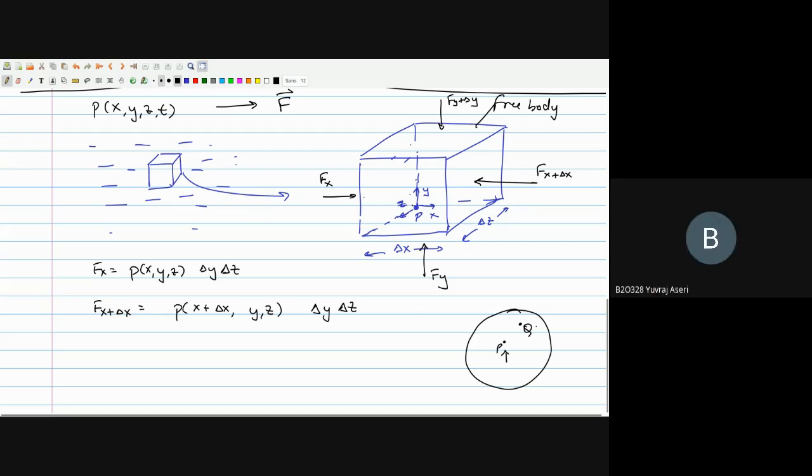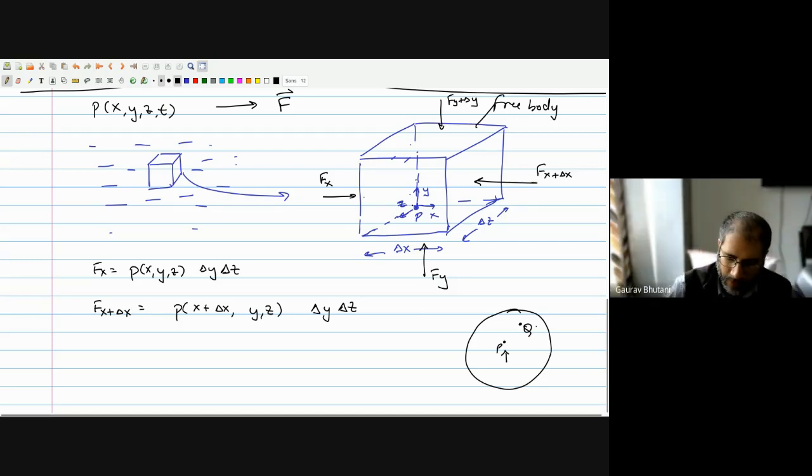Okay, so we'll assume that this point P that we have drawn here is our point P. I know the value of the pressure function P, and let us say all its derivatives at point P. Then using that, I will calculate the value of P at x plus delta x, y, z.